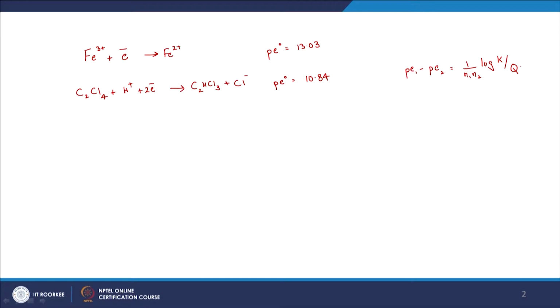We also looked at a figure where we tried to understand that for PE1 and PE2 to approach each other, or for the system to reach equilibrium, when PE1 is greater than PE2, PE1 needs to go through as reduction and PE2 needs to go through as oxidation.